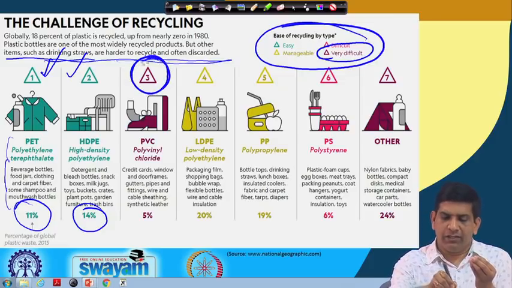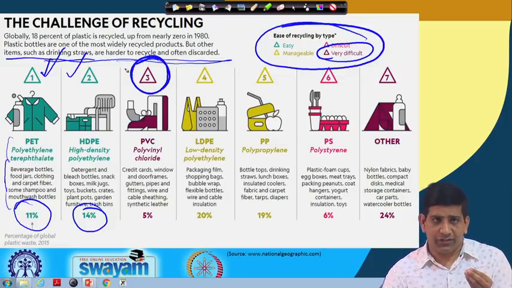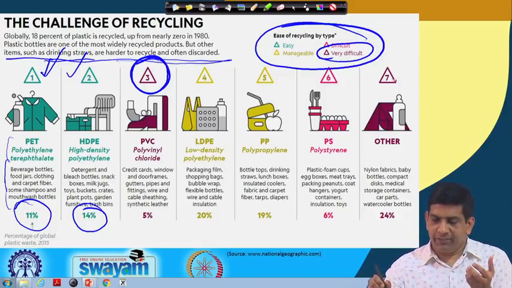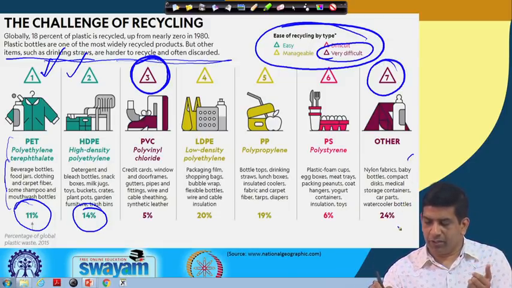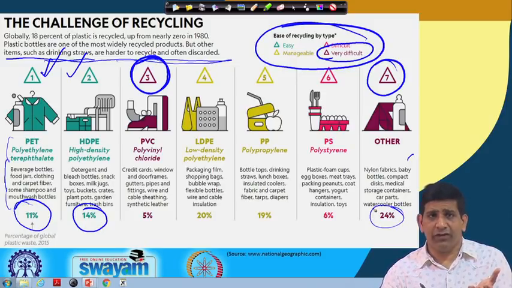This purple one is very difficult to recycle because the technologies out there are not really able to recycle it much. Same thing with many others, which include nylon fabrics, baby bottles, compact discs, medical storage containers, car parts, and water cooler bottles. Those are around 24%.